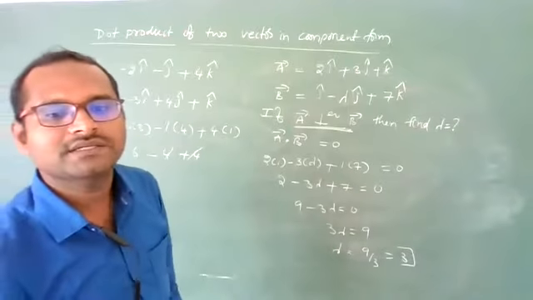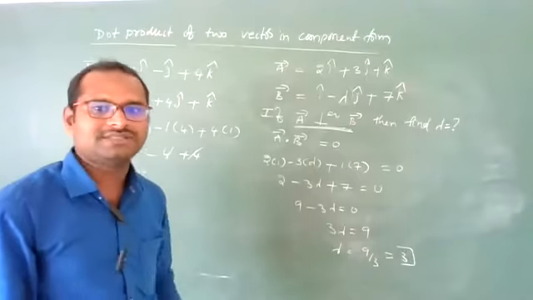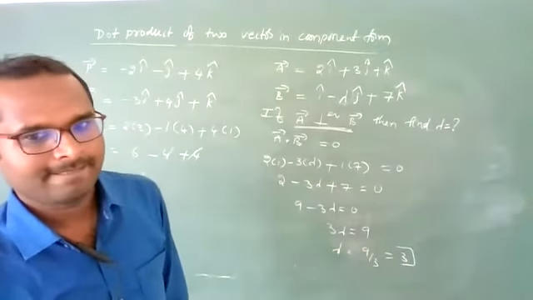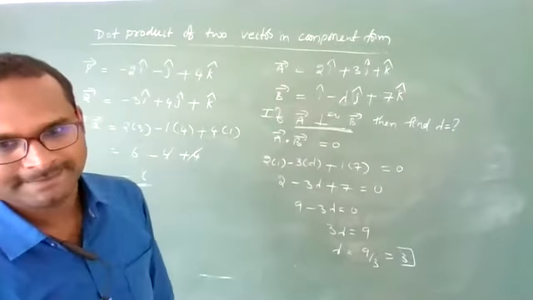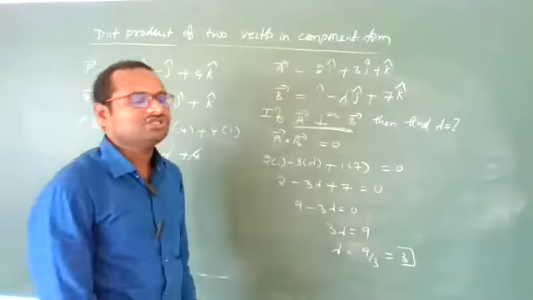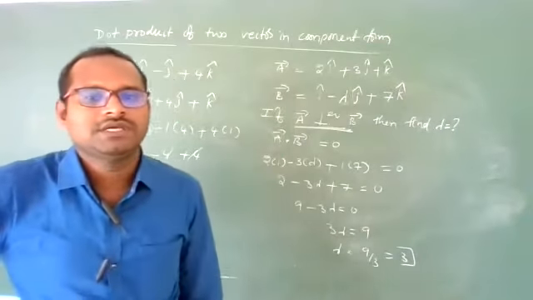Like this you may get questions. NEET students, CET students, you may get some questions. JEE students, you won't get such simple questions. This condition you should remember. This type of questions sometimes they may ask in your competitive exam.